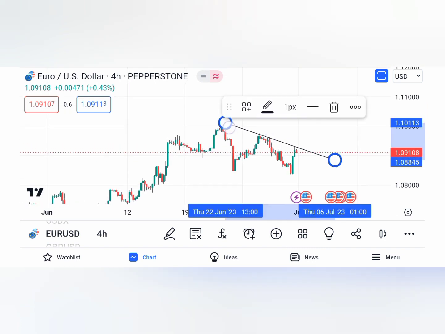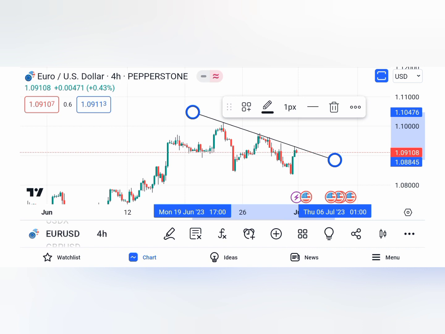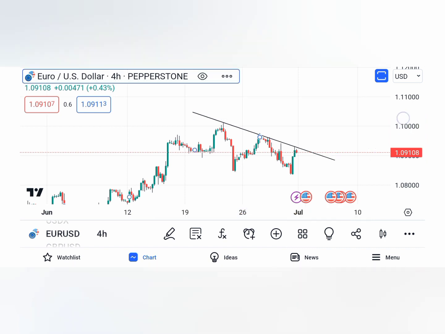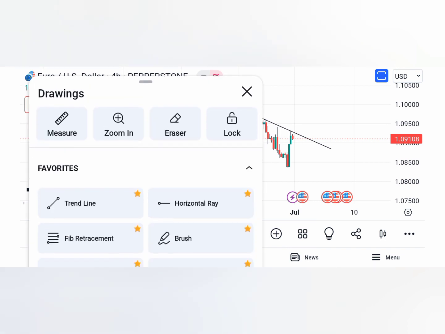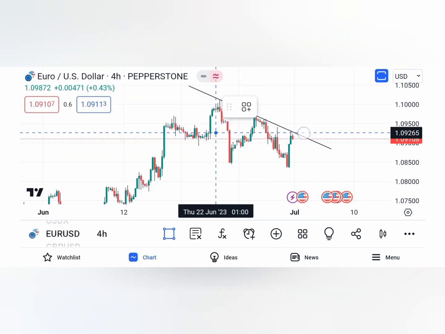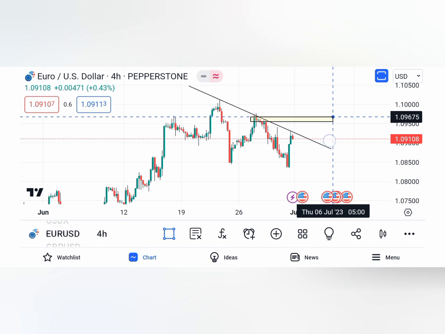Let me modify it. So we can have a trend line here. And also, if you look further, we can spot a key level here. Some will say supply zone. So we can spot a supply zone here.